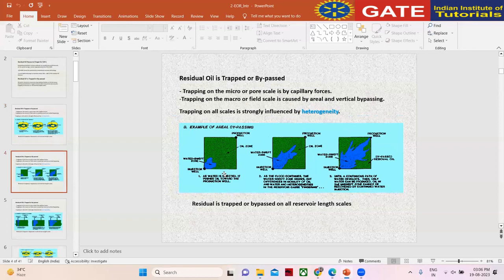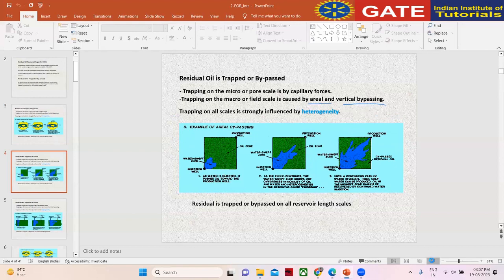Macroscopic displacement will be calculated from the material balance, or macroscopic displacement will be caused by aerial or vertical bypassing of the oil.